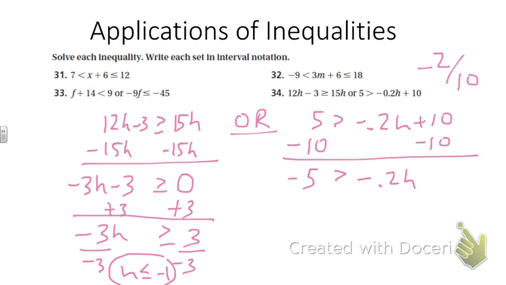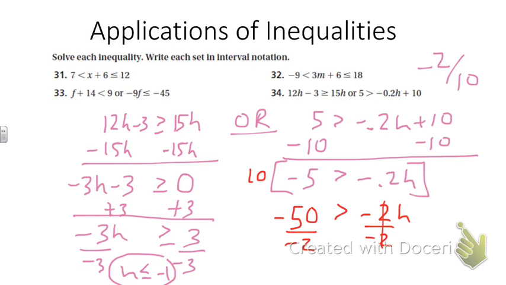Or if you're scared, you can just multiply everything here by 10. So I get negative 50 is greater than negative 2h. Divide by negative 2, h is greater than 25.